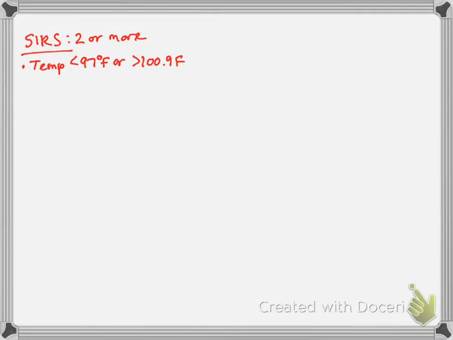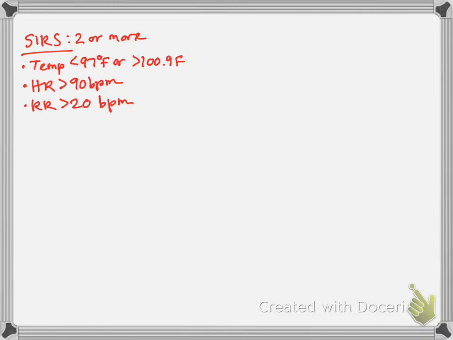We could have a fever. We could have a heart rate greater than 90 beats per minute. Notice that's not 100, it's just letting you know that your heart rate's increasing, right? A respiratory rate greater than 20 breaths per minute.